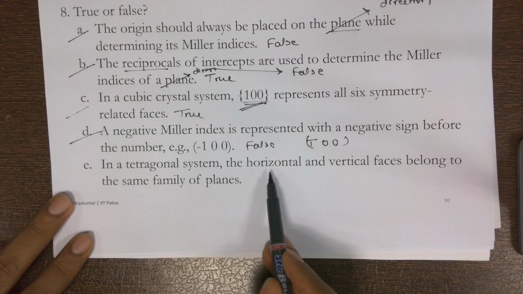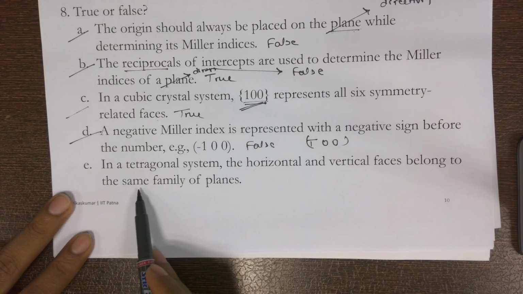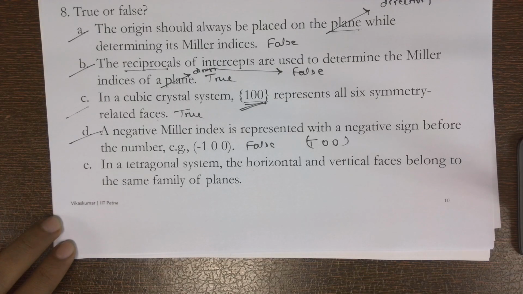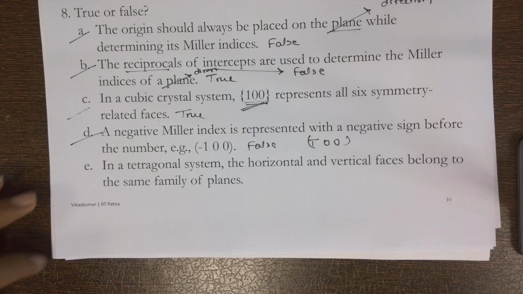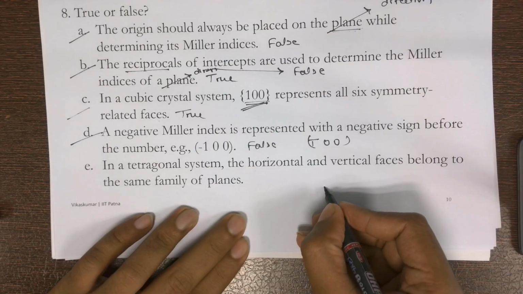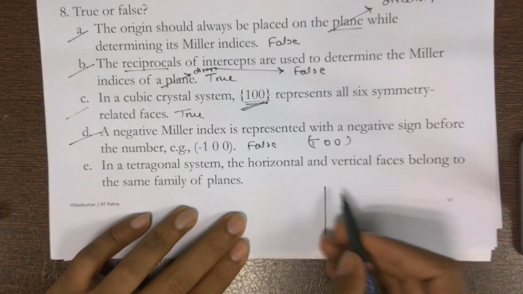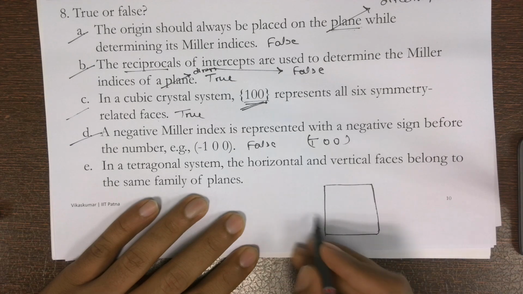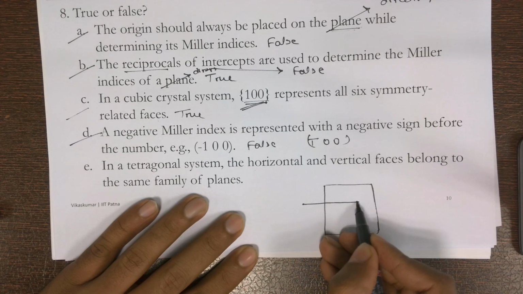In a tetragonal system, the horizontal and the vertical faces belong to the same family of planes. Now, we need to discuss the tetragonal crystal system.